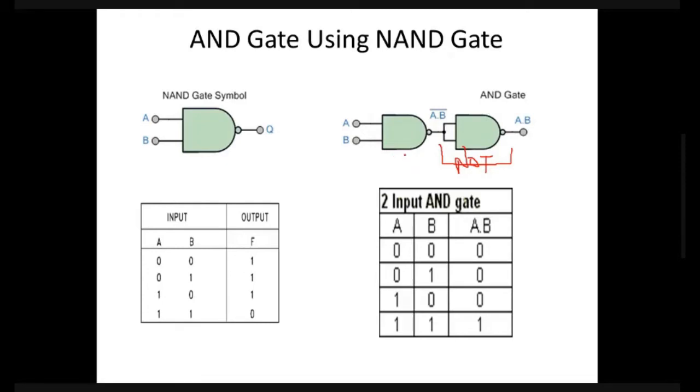This NAND gate with the bubble NOT, that is nothing but this bar is removed. And once the bar is removed, then it acts as an AND gate. Have you understood? Understood now?